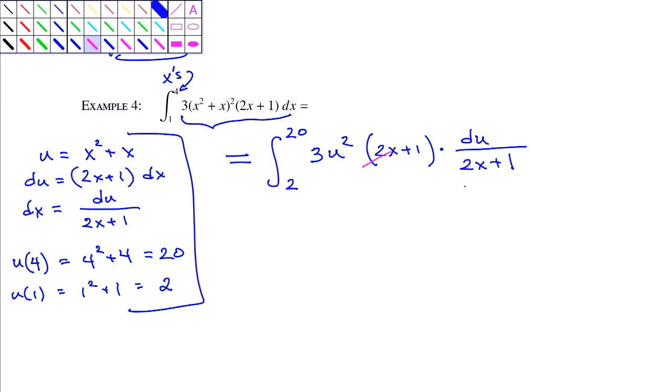2x plus 1 cancels. That's the limit. That's the integral from 2 to 20 of 3u squared du. Good so far?